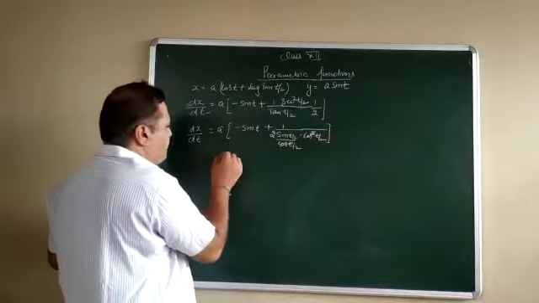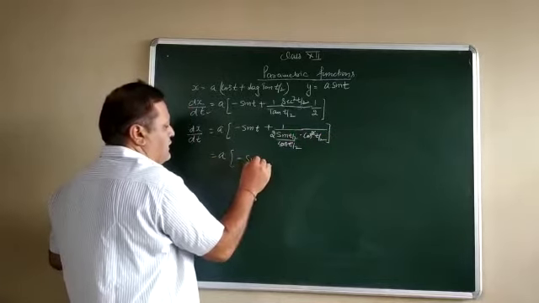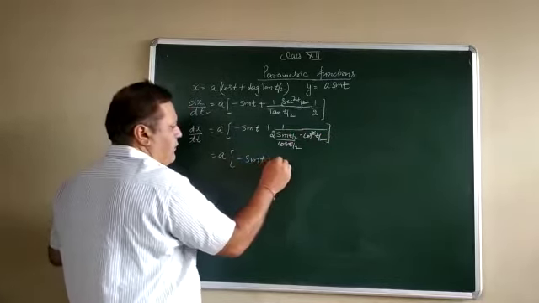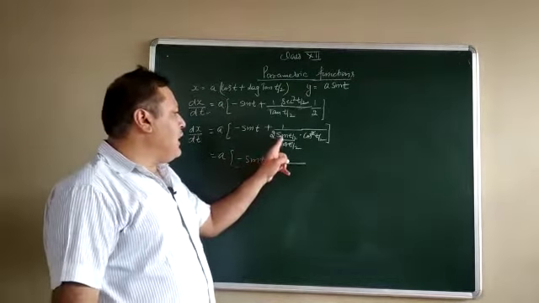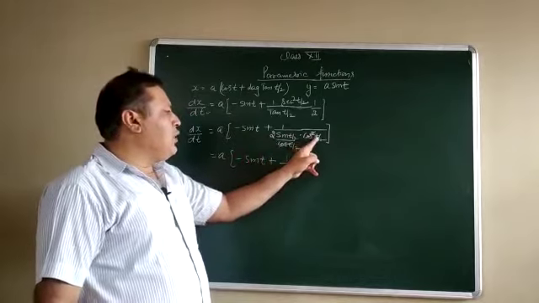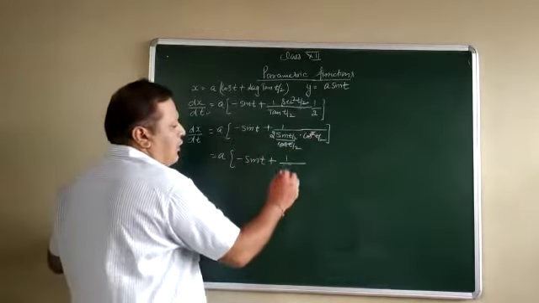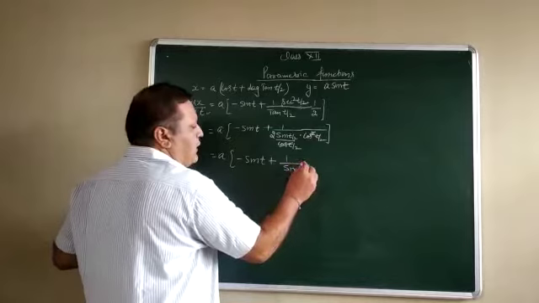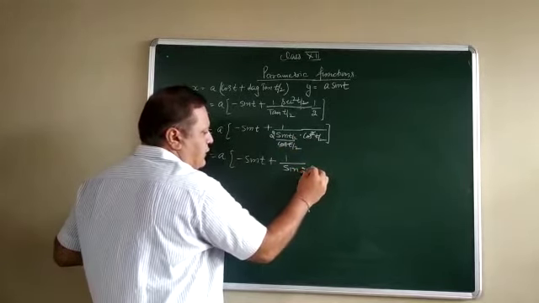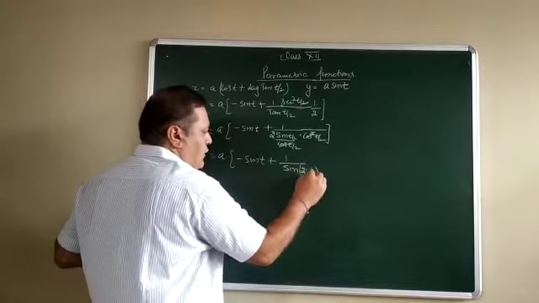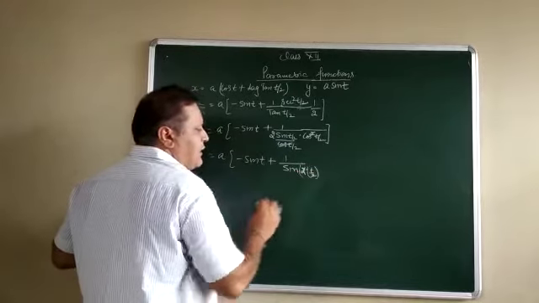What is left? Minus sin t plus 1 upon 2 sin t by 2 into cos t by 2. It is the formula of sin 2θ, and here 2 into t by 2 is t. So this 2 and 2 get cancelled in the angle.